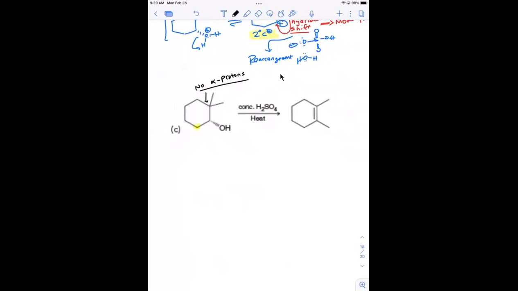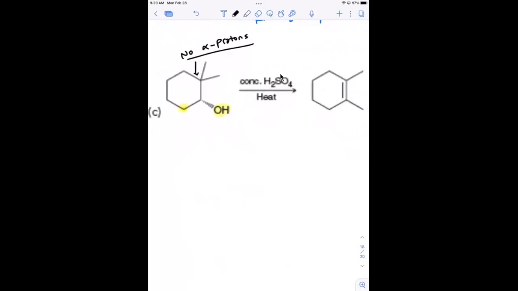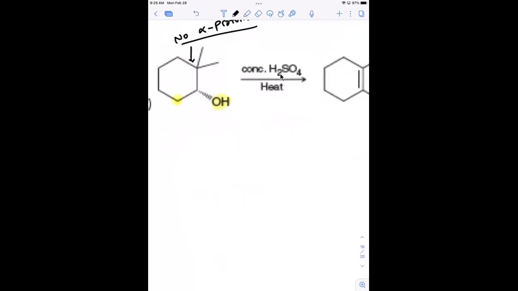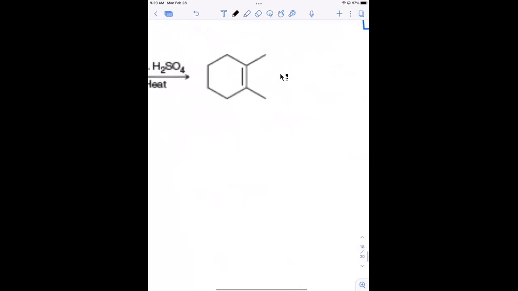What's the first step? I got concentrated sulfuric acid. I'm warming this up in the presence of an alcohol. What's going to happen first? Right. So my expected product, I would expect to have a double bond right here. Let me just draw it.